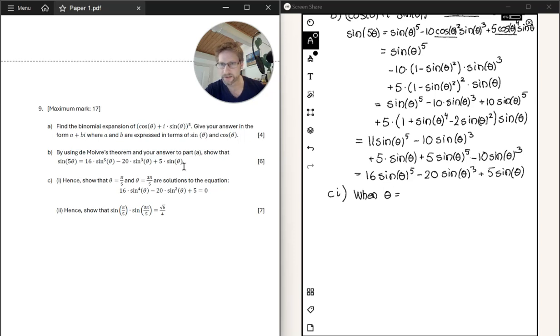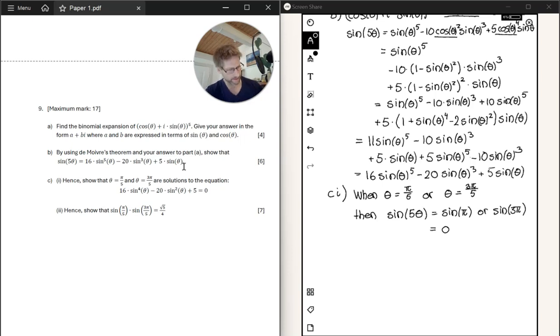So when theta is equal to pi over 5, or theta is equal to 3 pi over 5, then if we do calculate sine of 5 theta, we get either sine of pi, or we get sine of 3 pi, and doing a quick unit circle in our heads, both sine of pi and sine of 3 pi are equal to 0, so we get 0.